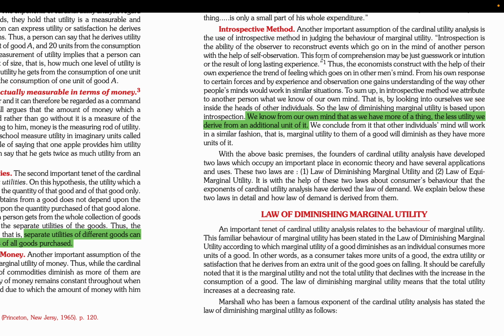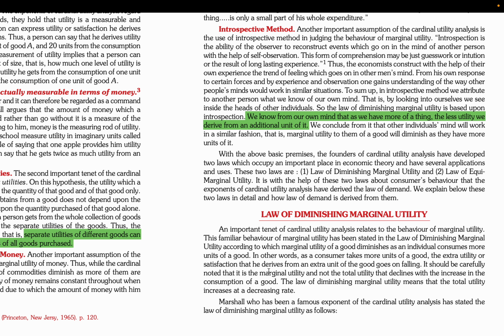Coming to the law of diminishing marginal utility, an important tenet of Cardinal Utility Analysis relates to the behavior of marginal utility. This familiar behavior of marginal utility has been stated in the law of diminishing marginal utility, according to which marginal utility of a good diminishes as an individual consumes more units of a good.